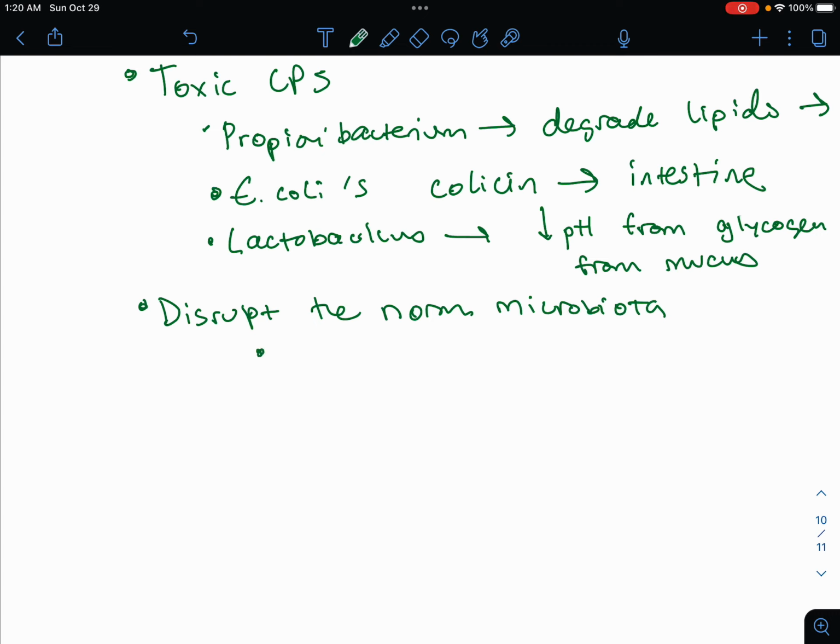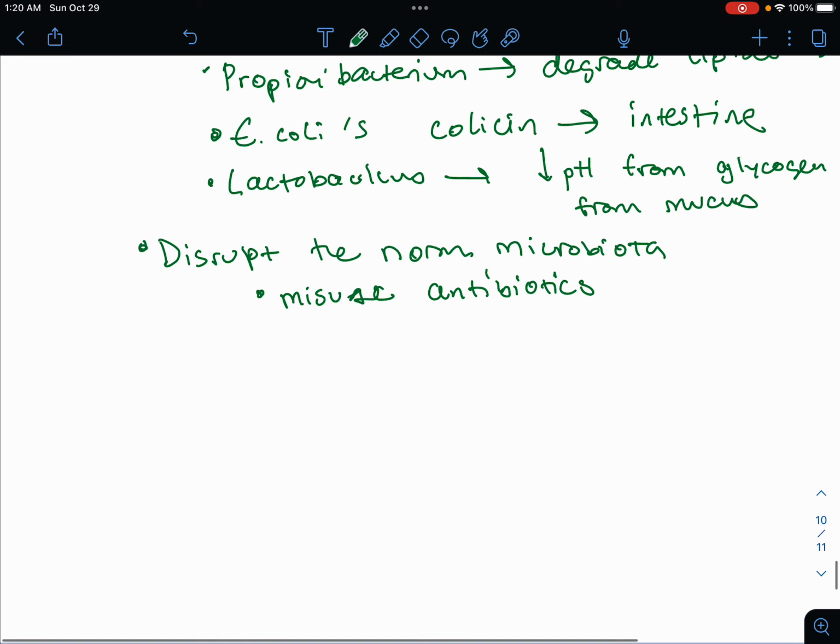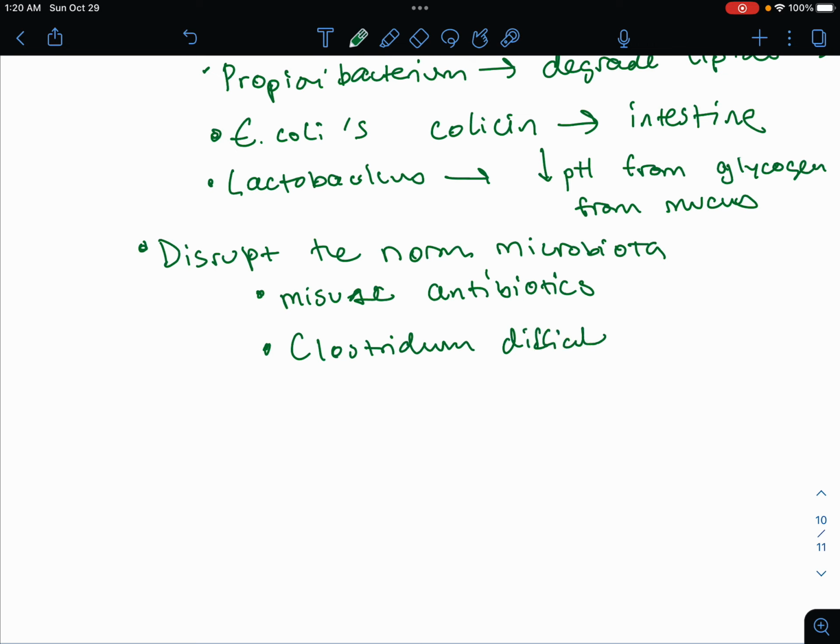By misusing antibiotics, and this will, of course, predispose the person to infections from harmful bacteria such as Clostridium difficile in the intestine.